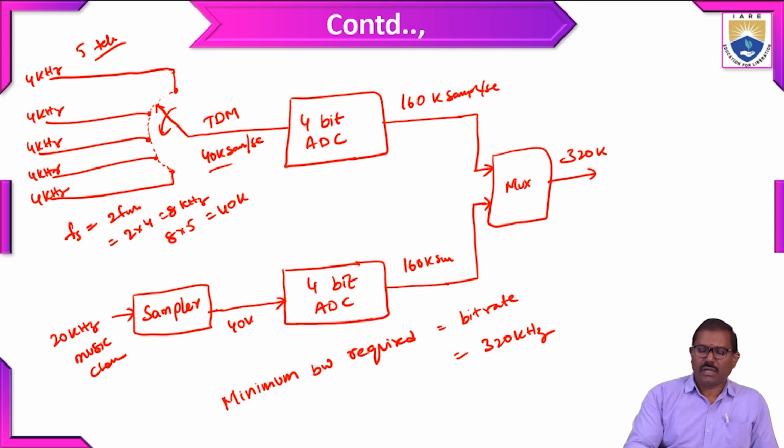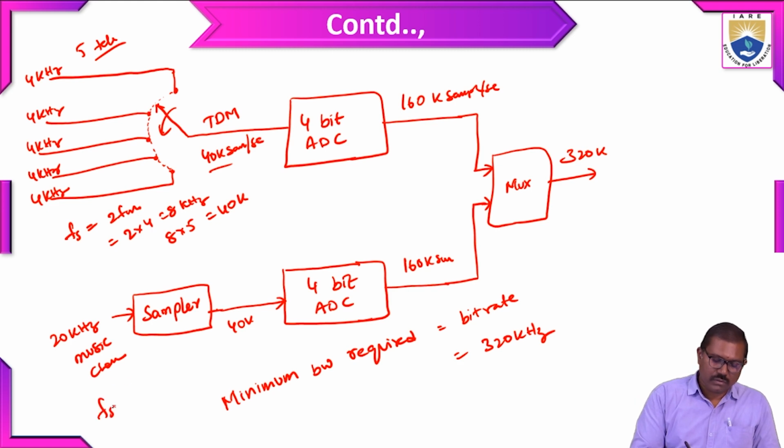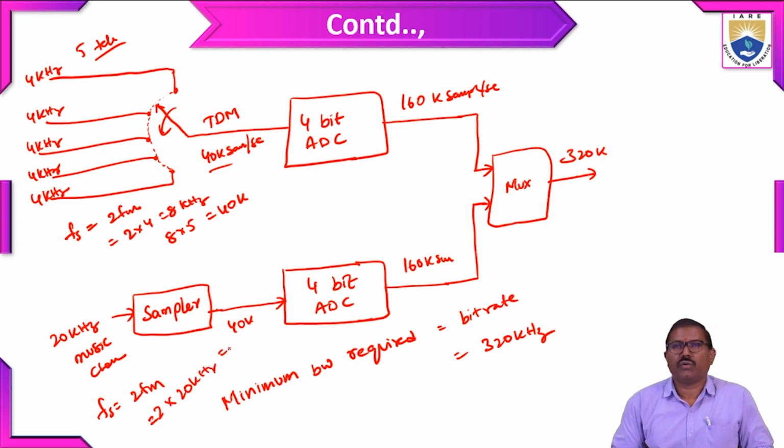So this is the upper part, and in this lower part another channel is there, that is the music channel. The music channel is 20 kilohertz. So here also you have to sample. Fs is equal to 2 Fm, that is 2 into 20 kilohertz gives 40 kilo.